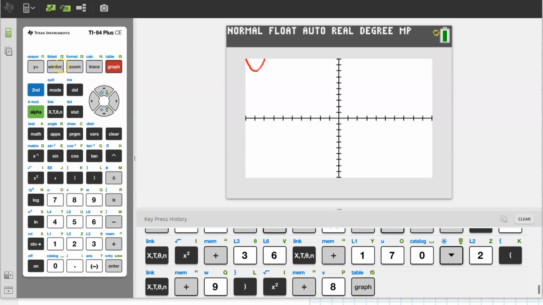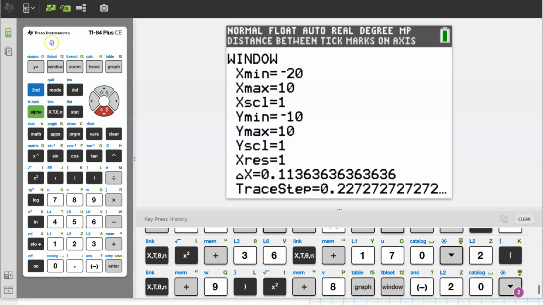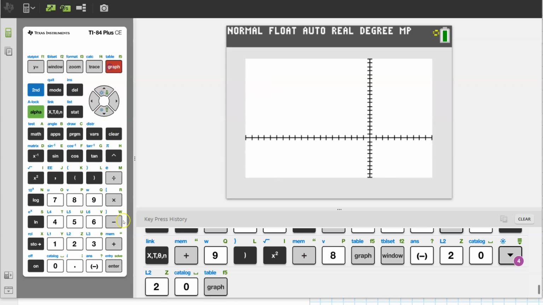So my window is not where it needs to be, so I'm going to fix it so I can make my point. We're going to scroll it over a little bit, and we're going to scroll up a little bit. So my point, blue, then red, they are exactly the same function, so I did a good job.